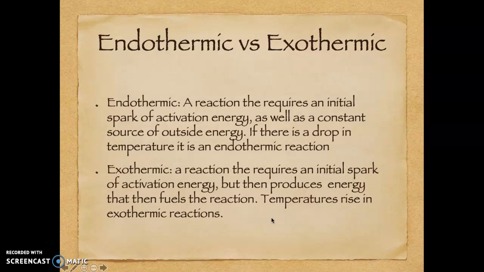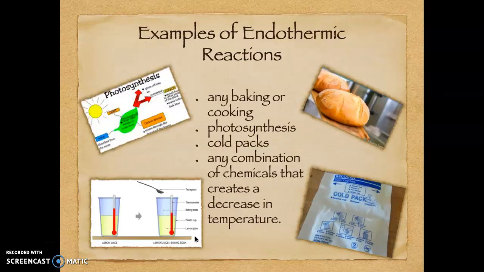What we see when energy is released is that temperatures will begin to rise. So fire is an exothermic reaction because it gives off heat. Any type of reaction that's going to give off heat is going to be exothermic. Any type of reaction that decreases temperature is going to be endothermic.